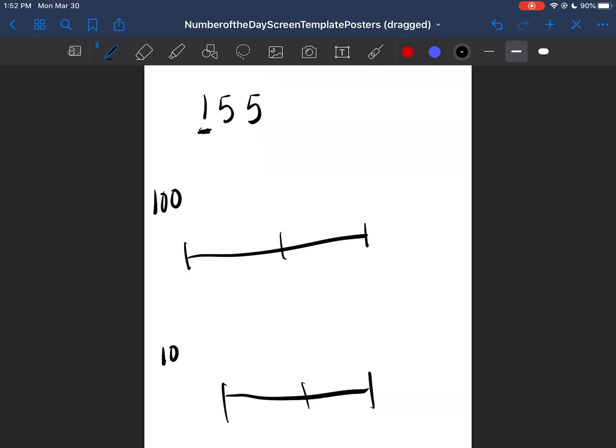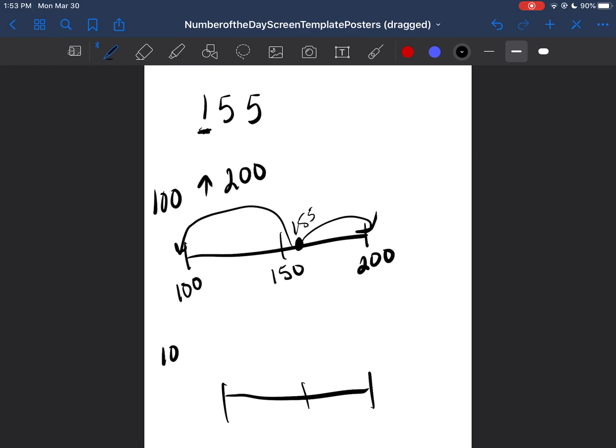A 1 is in my hundreds place, so I know that 1/100 is equal to 100. If I'm counting by hundreds, 200 comes next, and in the middle or at my midpoint is 150. Now 155 comes after 150, just barely, but it does. So is 155 closer to 200 or closer to 100? It is closer to 200, so it rounds up to 200.